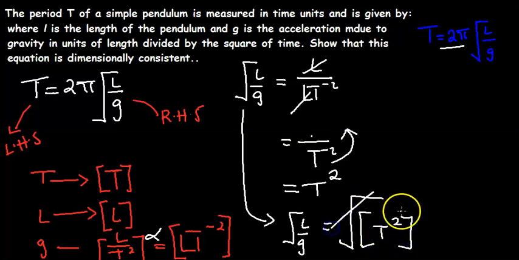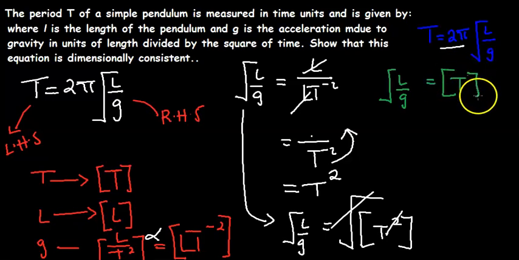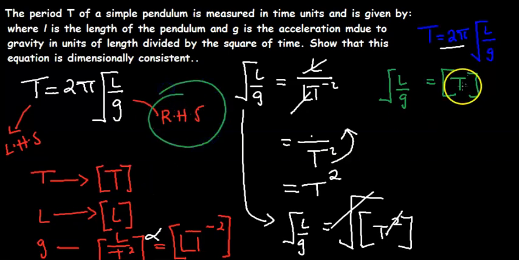And notice that this 2 will cancel out with the square root. What are you going to be left with? It's going to be the square root of L divided by g, which is going to be T. If I'm not mistaken, this is our right hand side, and here we end up with T, which is what we have at this point.